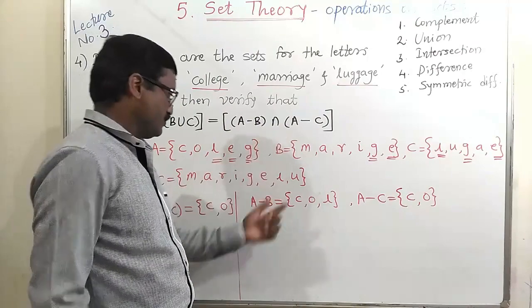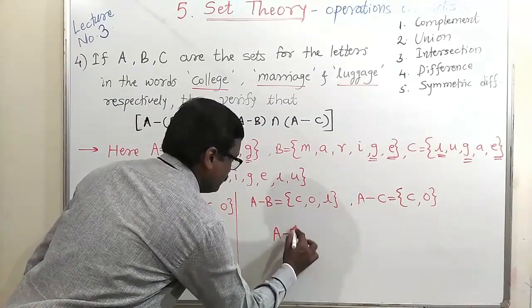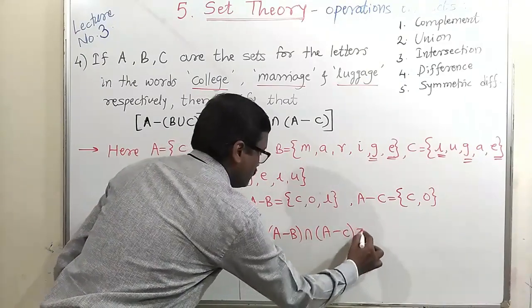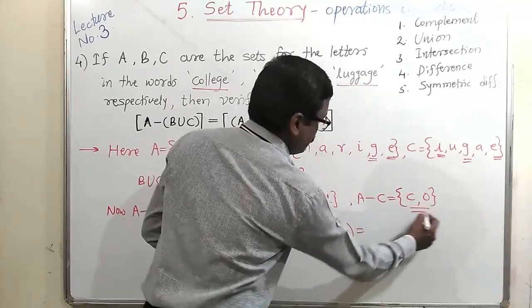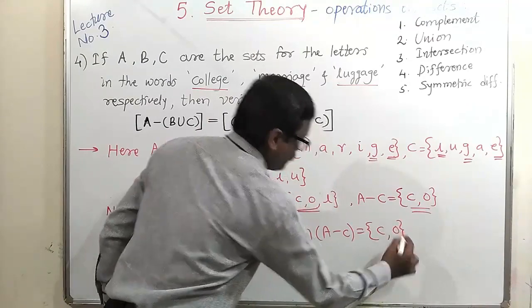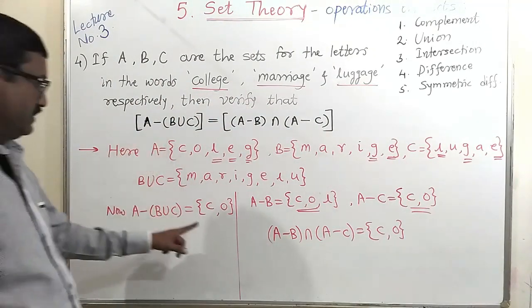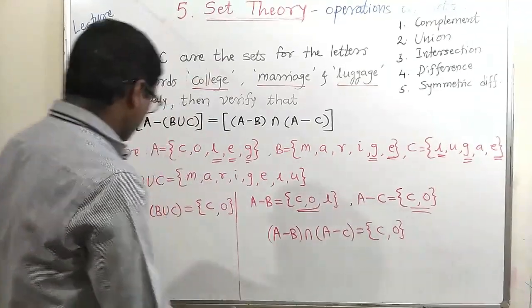So take the intersection of these two sets, A difference B and A difference C. The intersection of these two is nothing but the set of common elements. Those are C and O. So we get C, O. So the set on the left side contains elements C, O, and the set on the right side contains the same elements C, O.